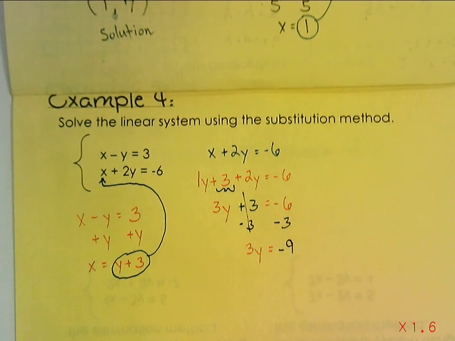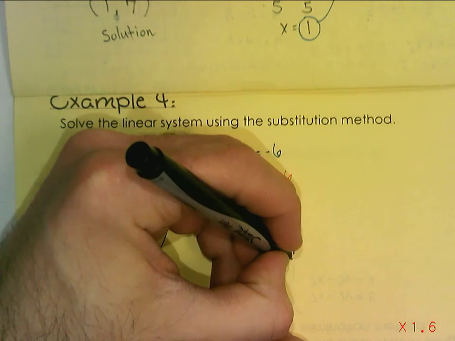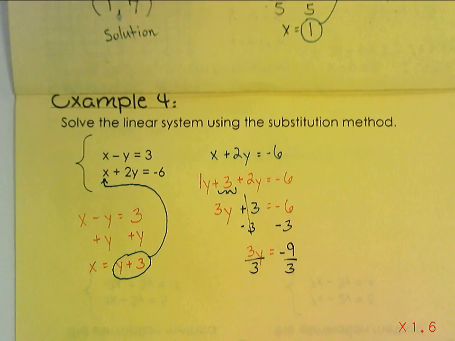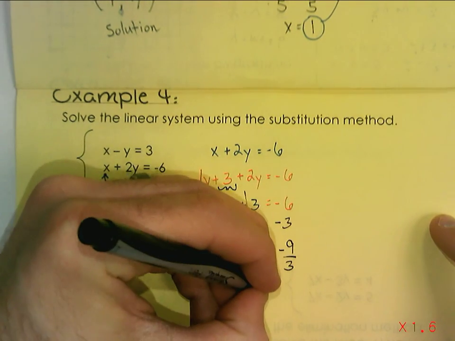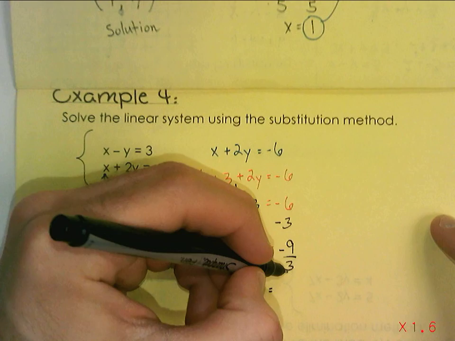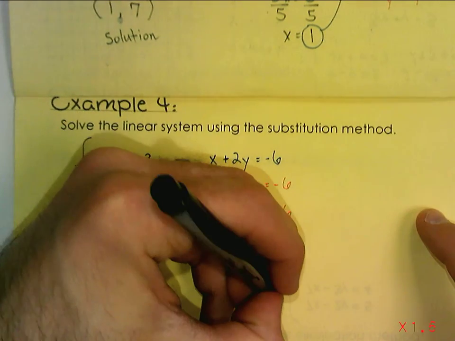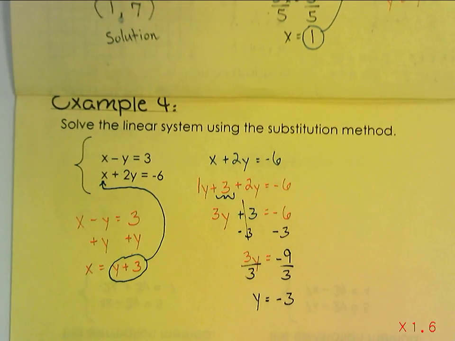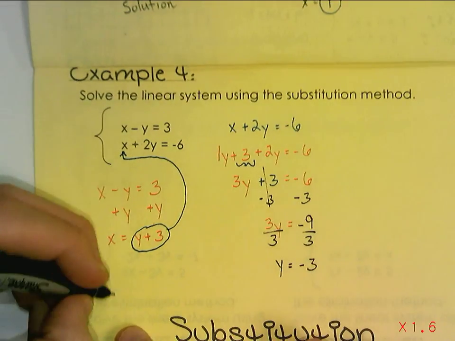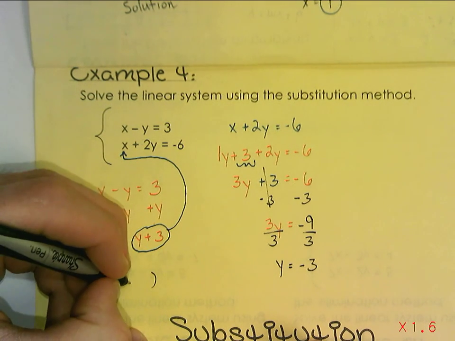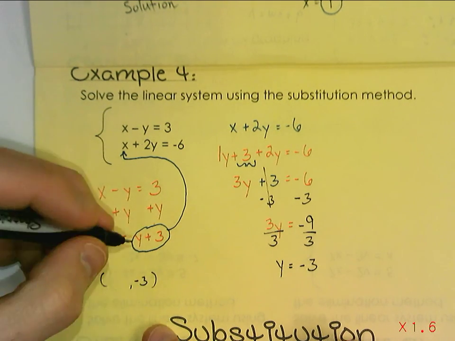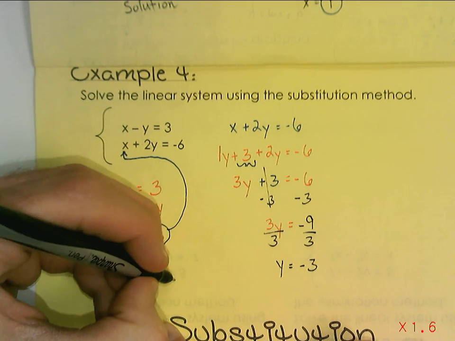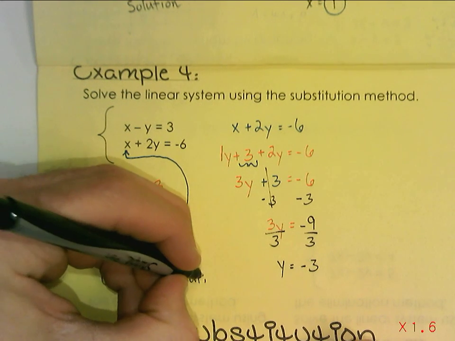Like I said, none of this stuff goes away. In order to get y alone, divide by 3, divide by 3. y equals negative divided by positive is a negative, so y equals negative 3. Like I said before, that's half of my solution, so negative 3.